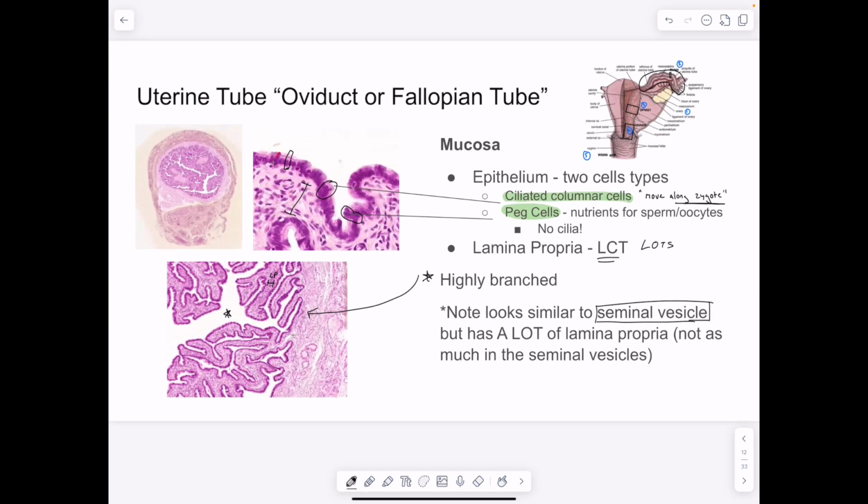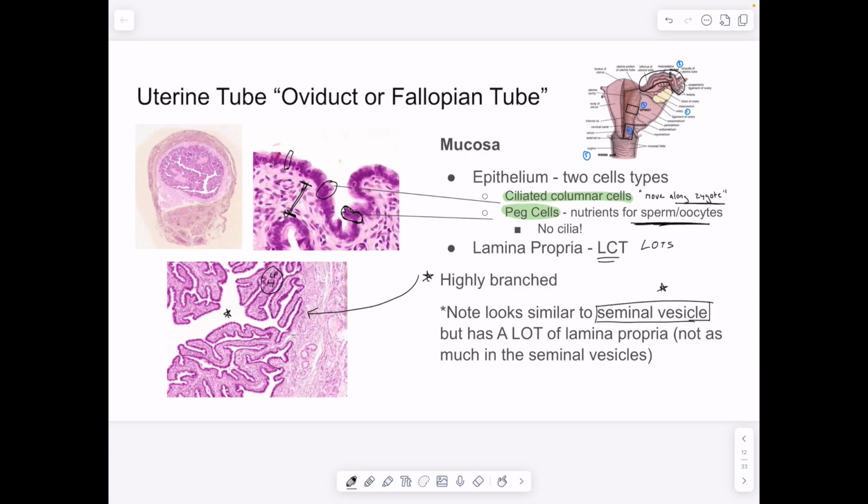And then we have these nice little peg cells, which produce nutrients for sperm, but they don't have cilia on them. And notice that it does have a large lamina propria overall. This does look a lot like the seminal vesicles that produce fructose for our sperm on the male side of things. But in comparison to the seminal vesicle, we have a lot of lamina propria.